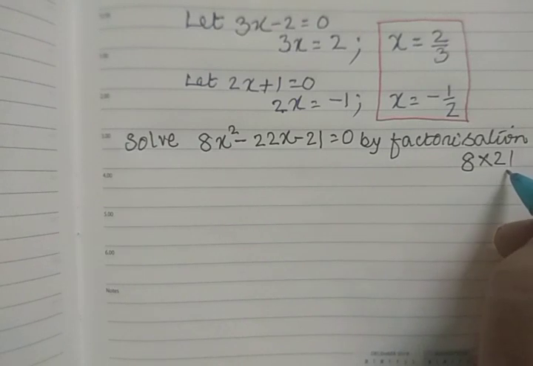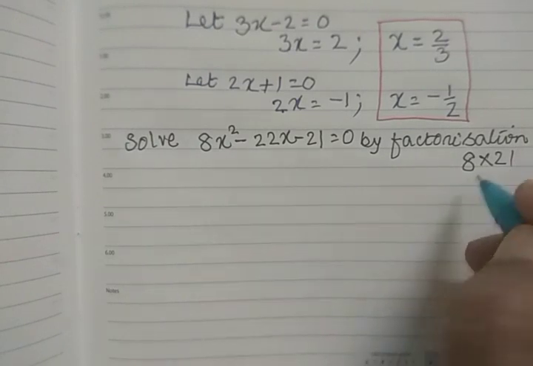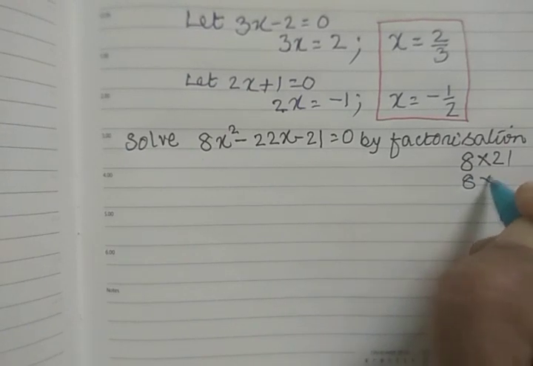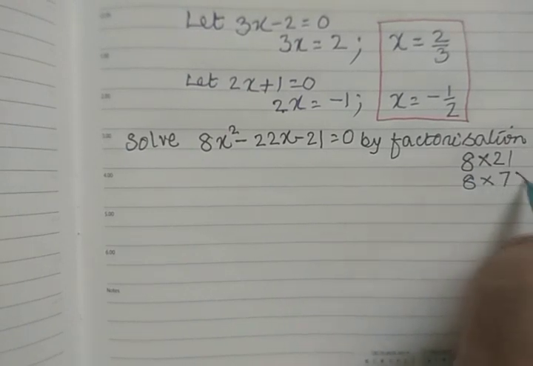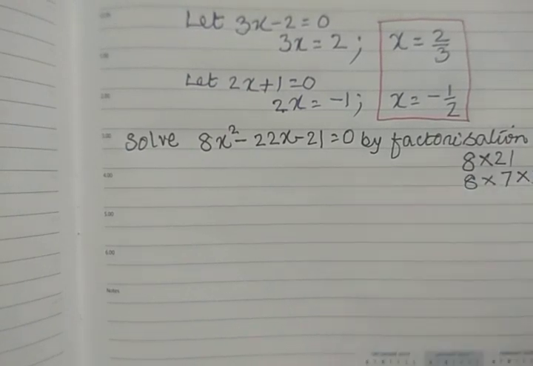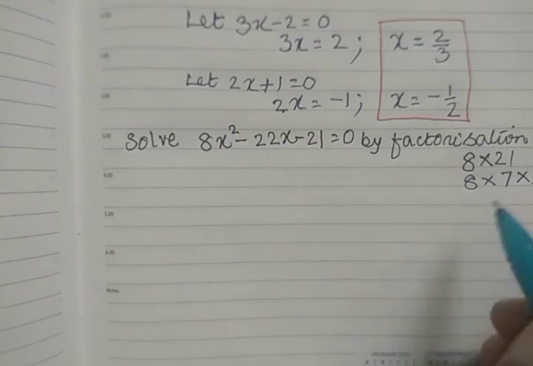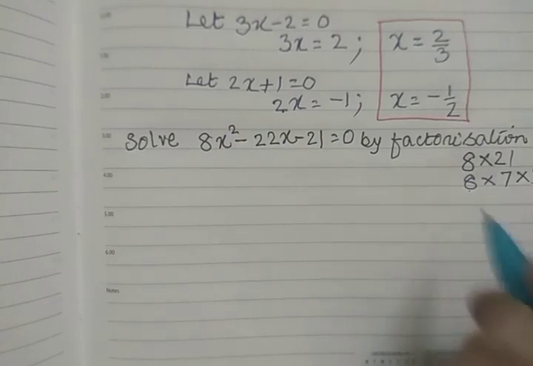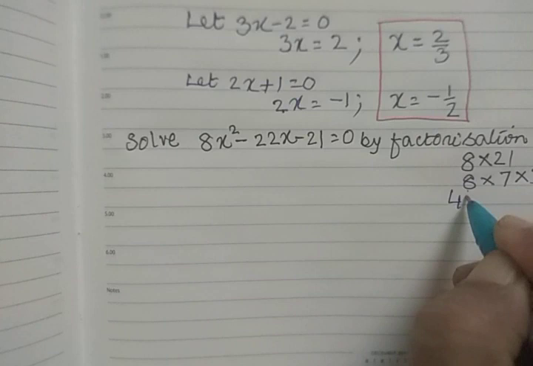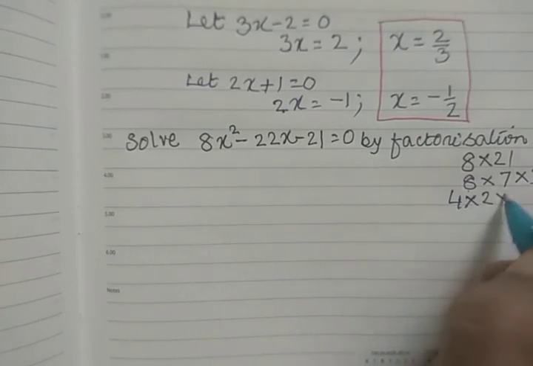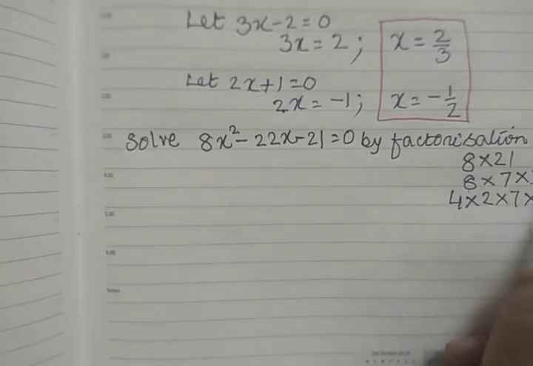So let us split this 21 as 7 3s, and let us split this 8 as 4 2s. So 4 into 2 into 7 into 3.